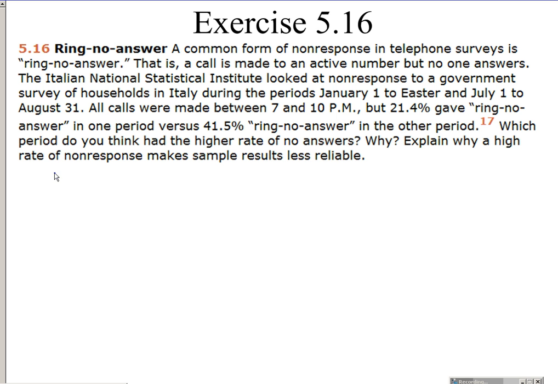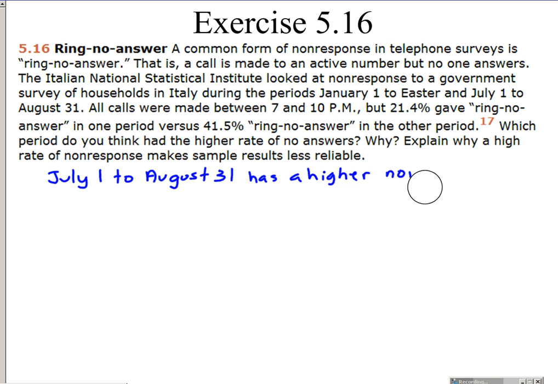Well, it would make sense here that July 1 to August 31 has a higher no answer rate. Why would that be?